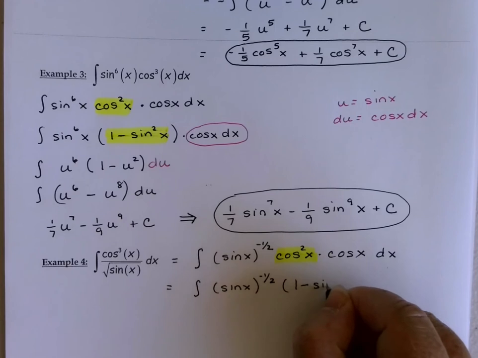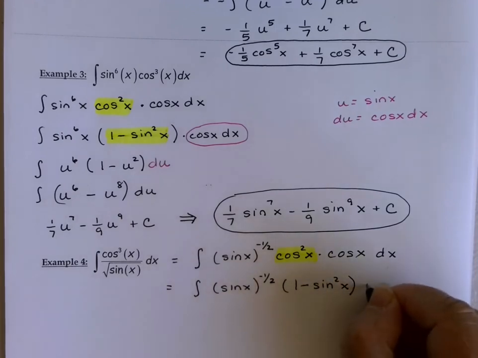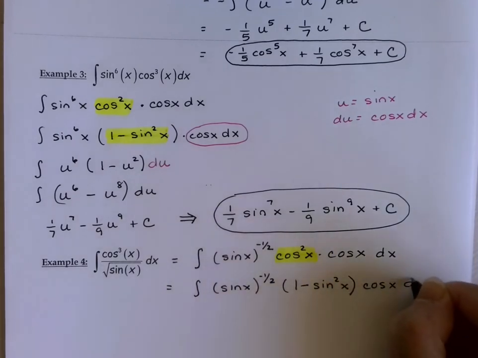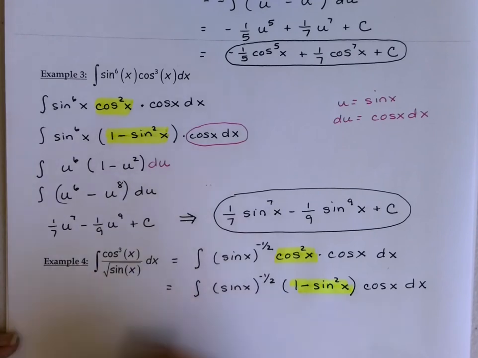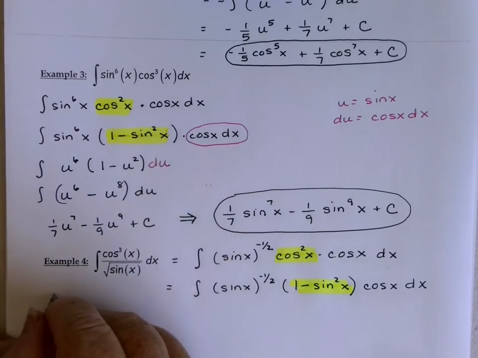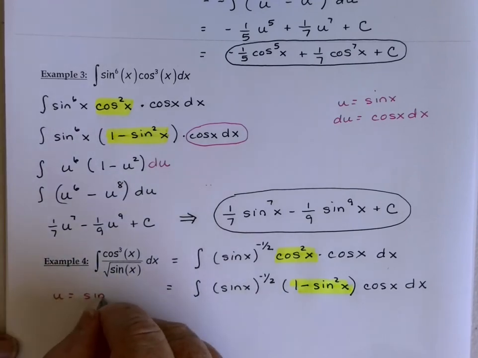So here we go, cos squared x becomes 1 minus sine squared x using the Pythagorean identity. And I can go ahead and make my u substitution. We'll let u be sine x.